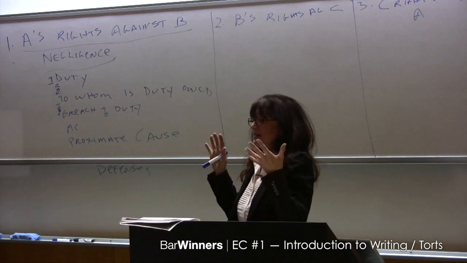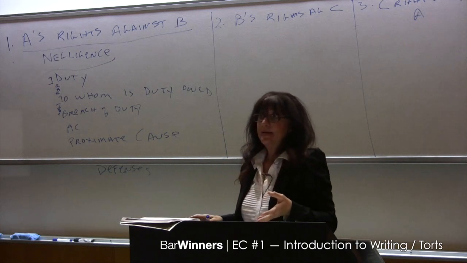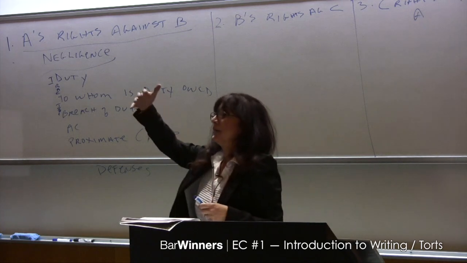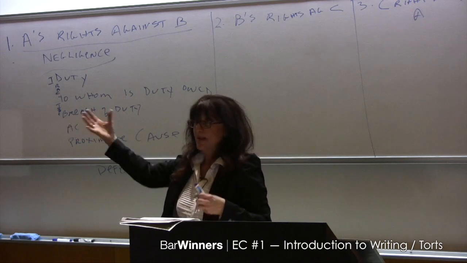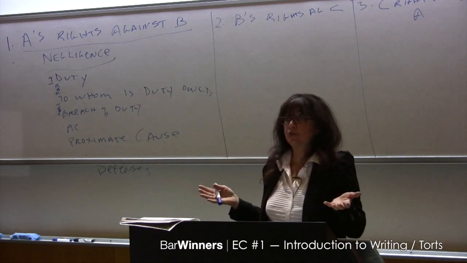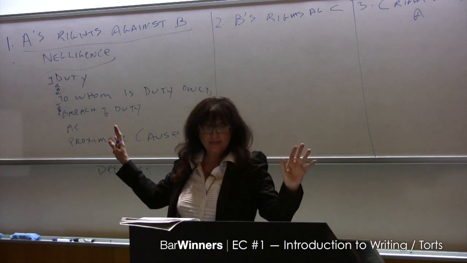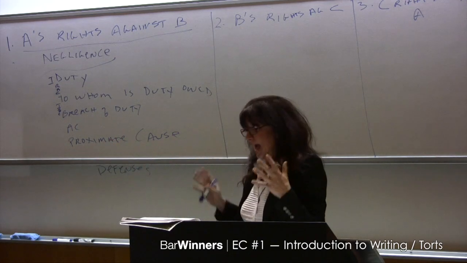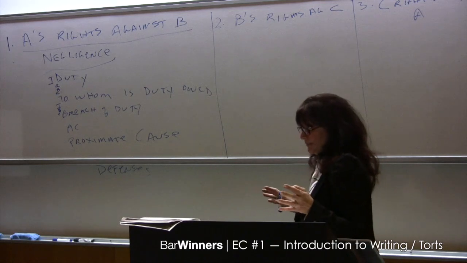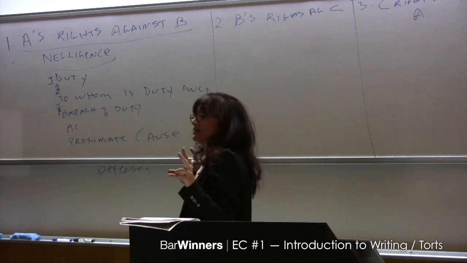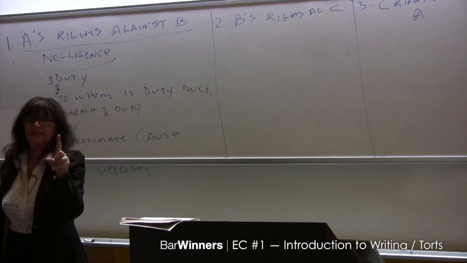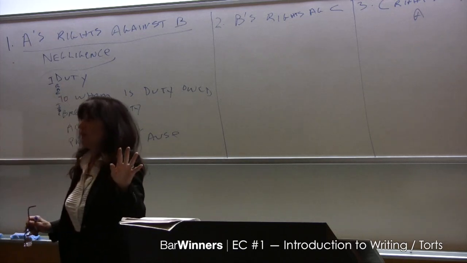Breach of duty, head note, highlight. Breach of duty is basically taking the facts in the fact pattern and holding them up to the standard of care and determining what a reasonable person would do in like or similar circumstances to avoid unreasonable risk of harm. Actual cause, highlight. Two types of actual cause. If there's only one defendant, the test is but for.